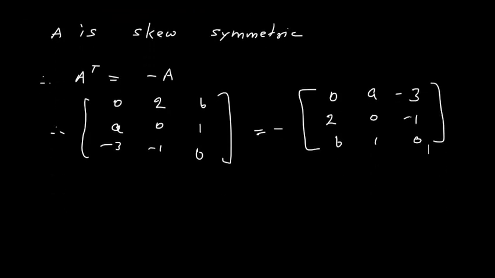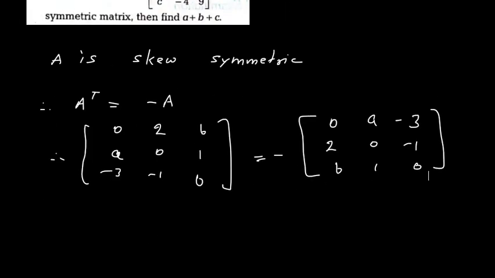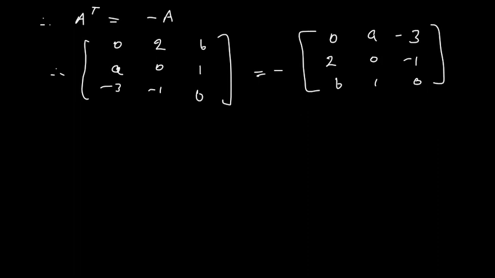A means the given matrix, which is 0, a, minus 3, 2, 0, minus 1, b, 1 and 0. I have to find the value of a and b. So if I compare element by element, by comparing both the sides of the matrix, I will get 2 is equal to a and 2 is equal to minus a.